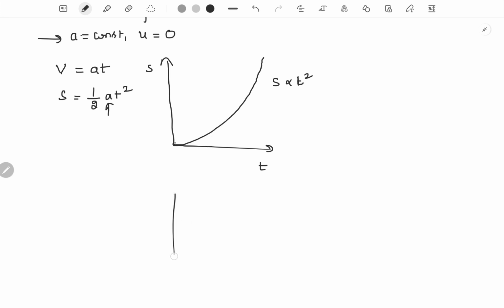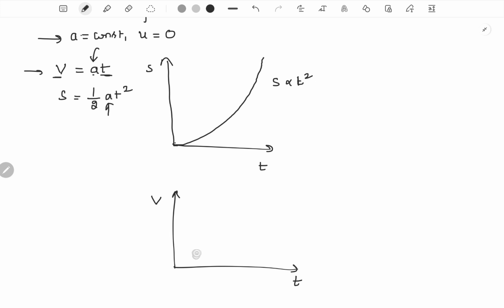Then if we want to draw the velocity time graph, how is it going to be? First look at the mathematical relation. Since a is constant, we can say v is proportional to t, because a is not dependent on time, it's invariable.